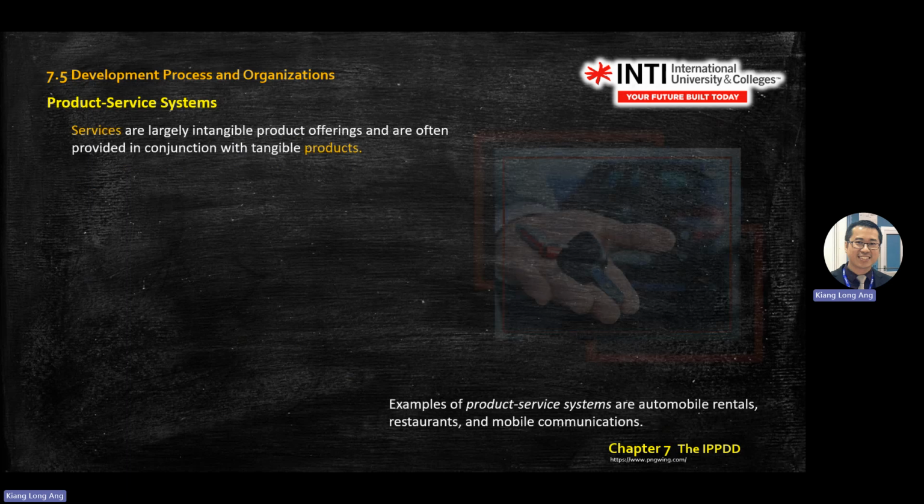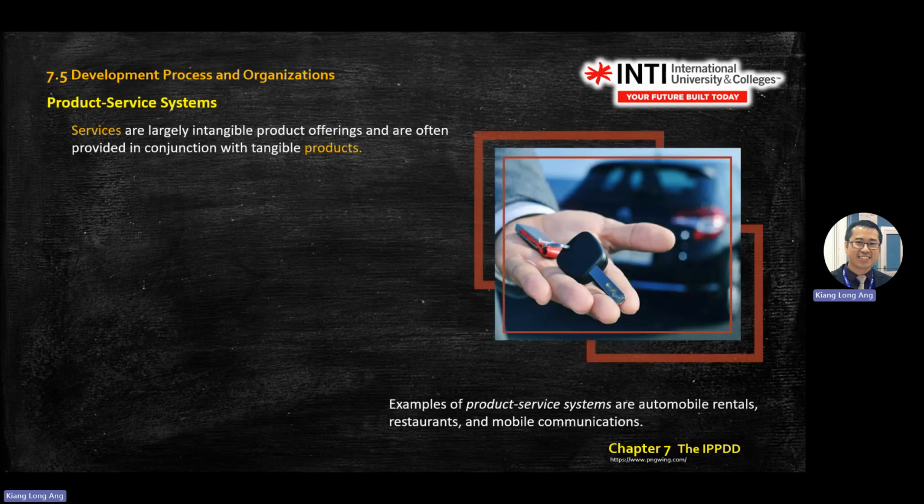For product services system. Product services system means they combine product and services at the same time. So this one you can think of Grab or the rental car in Malaysia. You know that you can rent a car with the apps, right?